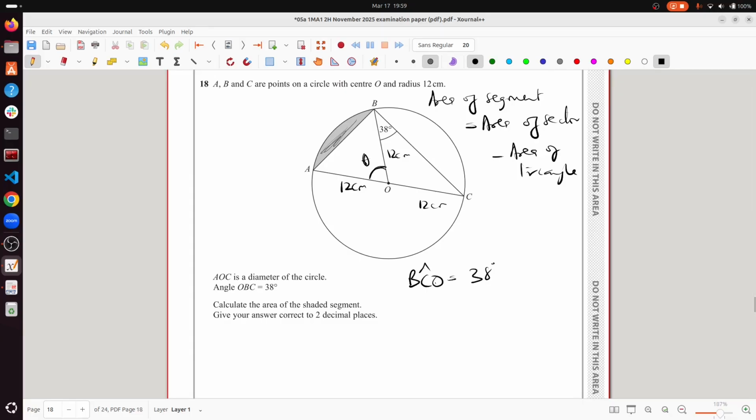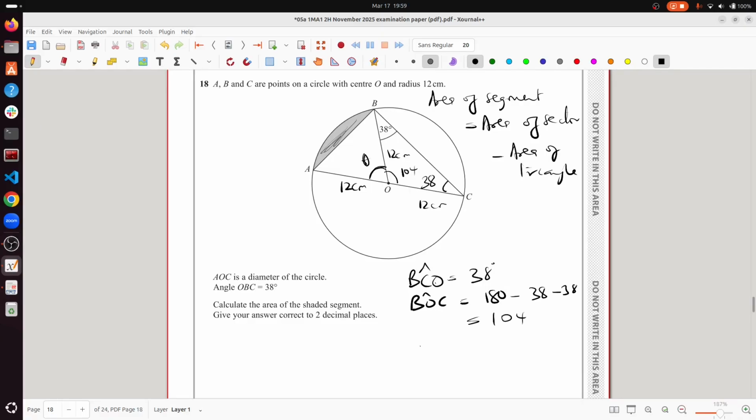My reason is the base angles of an isosceles triangle are equal. So I can find BOC. That'll be 180, take away 38, take away 38, which is 104.